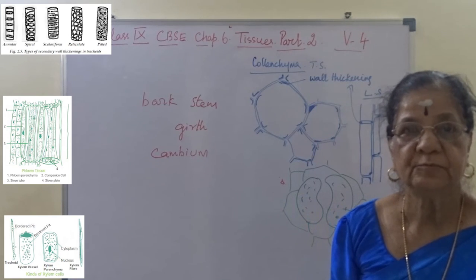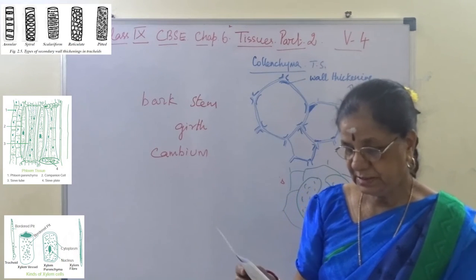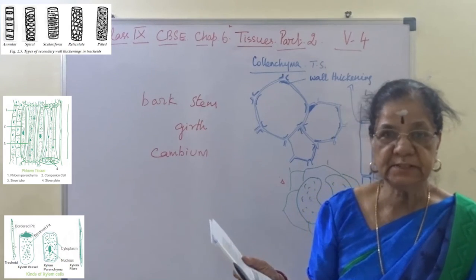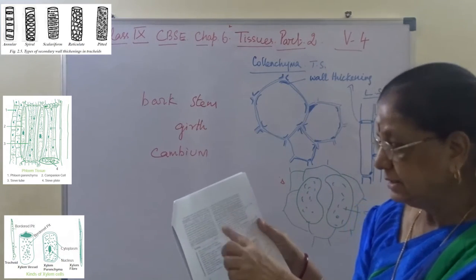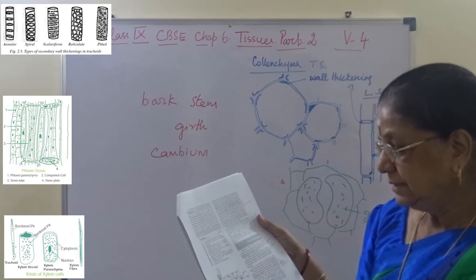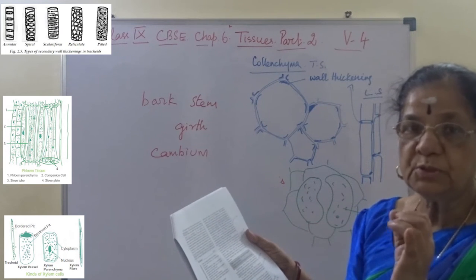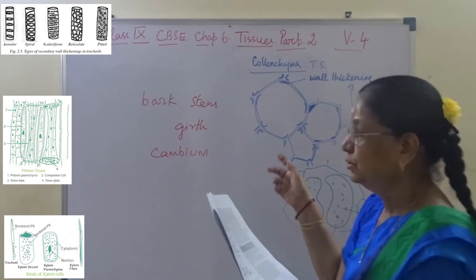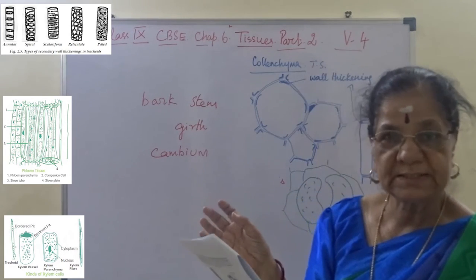We'll just continue. Yes, we'll continue. This page 72. Please understand. Sclerenchyma, I repeat, sclerenchyma, and then it is about the epidermis. For epidermis, we should learn about epiblema or rhizodermis for roots, and it gives rise to root hairs.